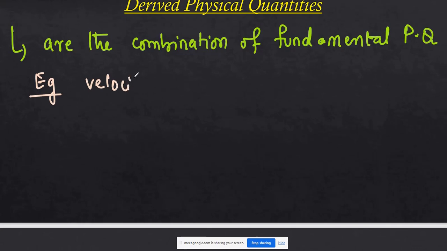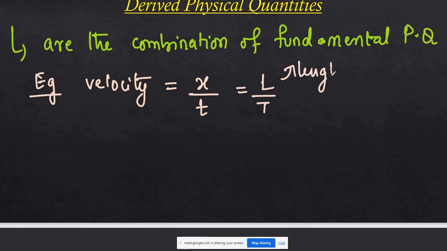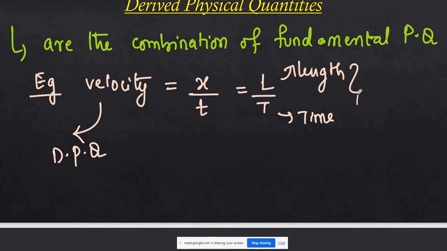Velocity is displacement by time taken. Displacement in the sense again distance, again time. So I can say distance as length, time as t, L by t. So you are expressing velocity in terms of length and in terms of time. Now length and time are fundamental quantities, right? So velocity is a derived physical quantity because it depends on two fundamental physical quantities.